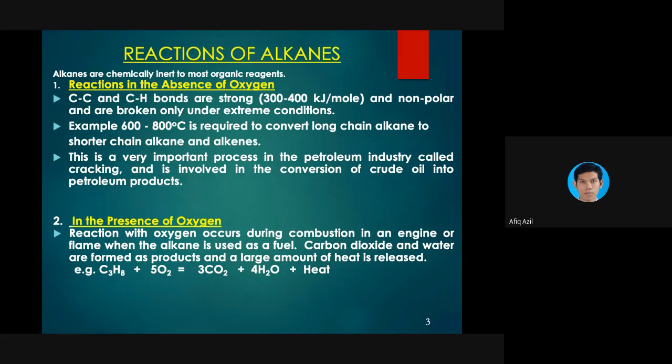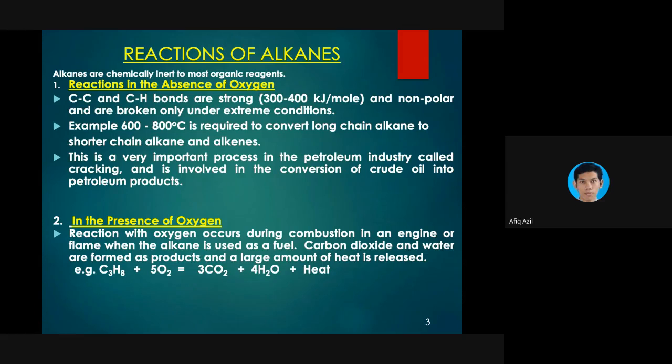For example, you need to heat up to around 800 degrees Celsius to convert long chain alkene to shorter chain alkene and alkene. Meaning if you have a carbon 20 alkene chain and you want to convert it into shorter chain length, like hexane or butane, you need to heat the whole thing up to around 800 degrees Celsius.